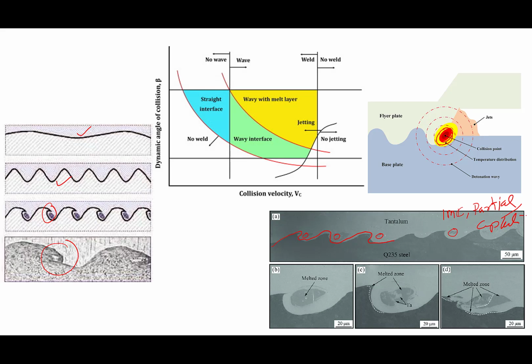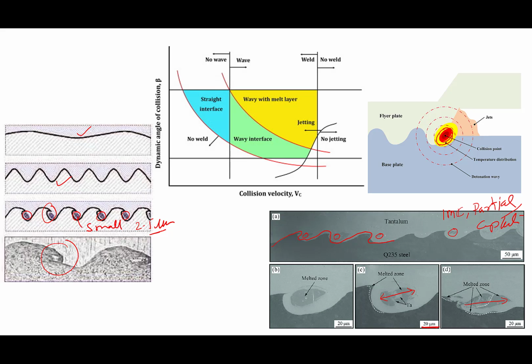So these pockets which are being formed, if they are small in size, say 2 to 5 micrometer, just for example. Here, this is the scale of 20 micrometer, so these pockets are say 20 to 30 micrometer.